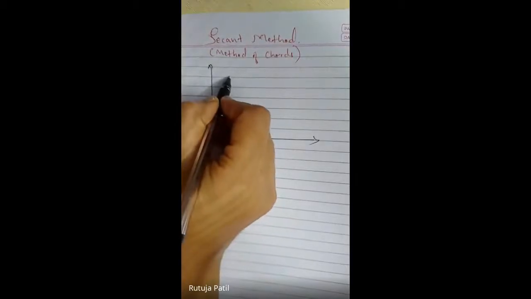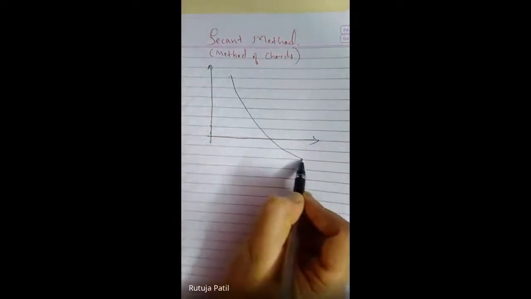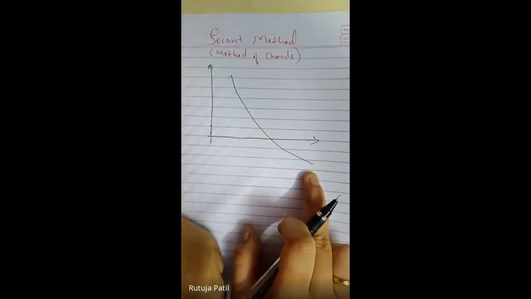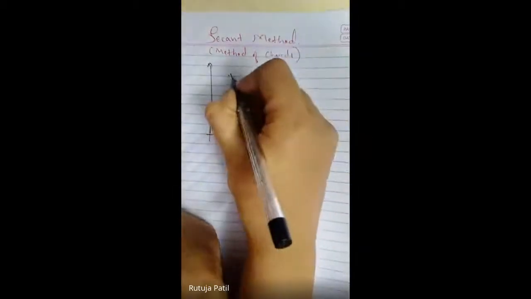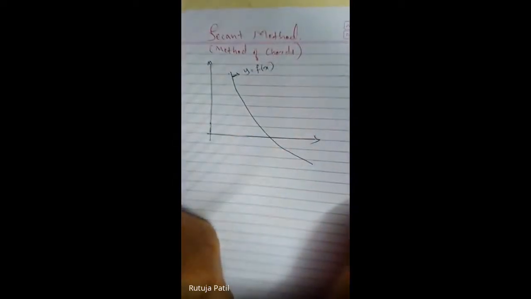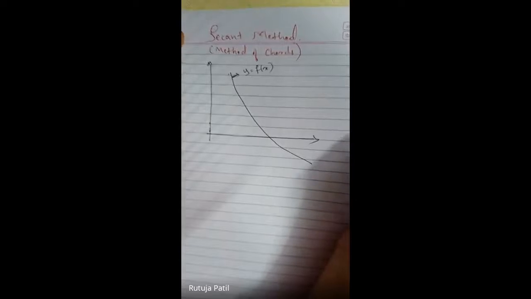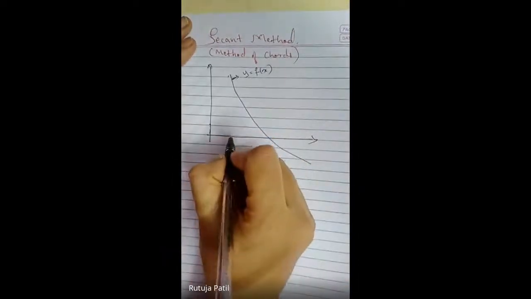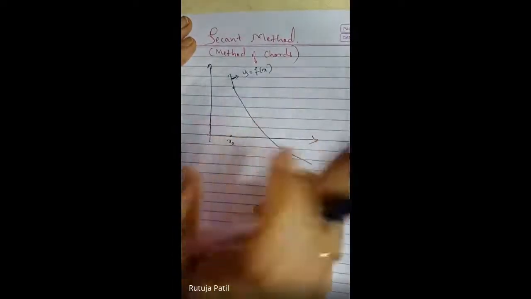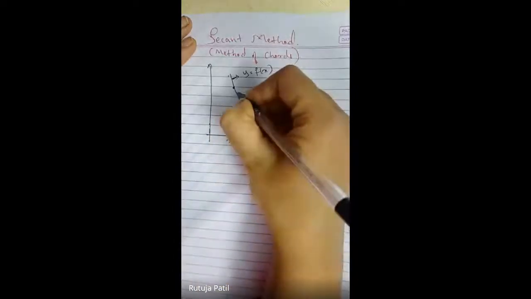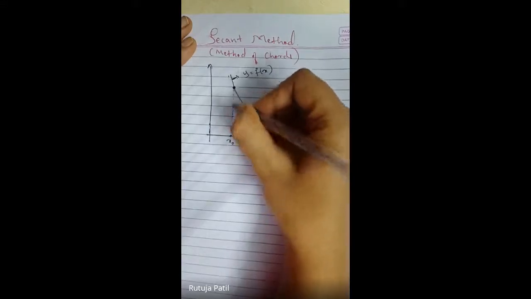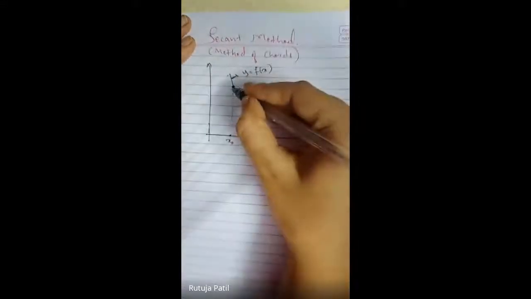So this is a chord, one line, drawn based upon some equation f of x, that is y, that is f of x equals 0. And then the first approximate root value, say x naught. When I put this x naught value in the given equation f of x, whatever value I get meets the equation line at this point.